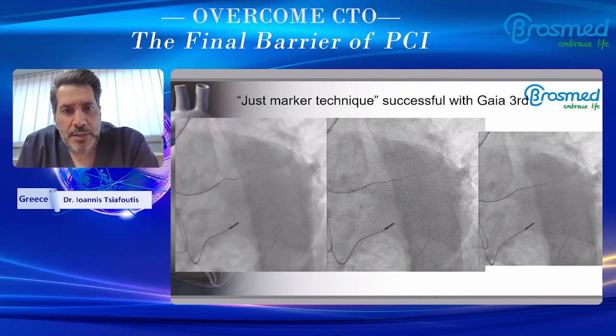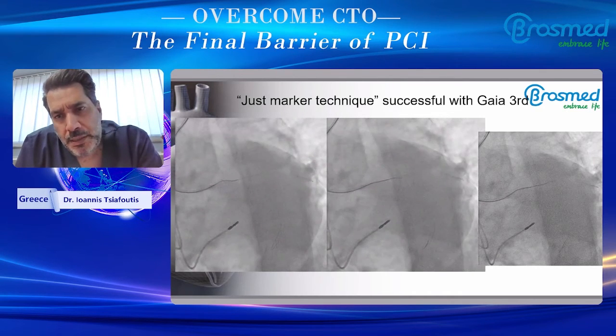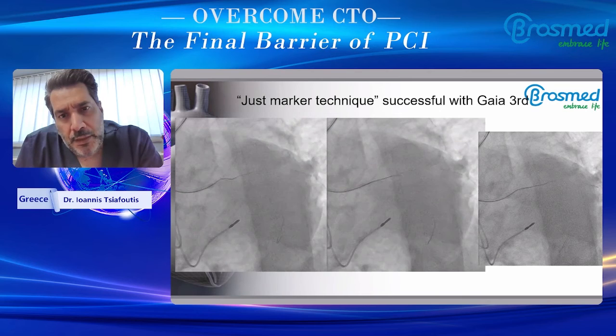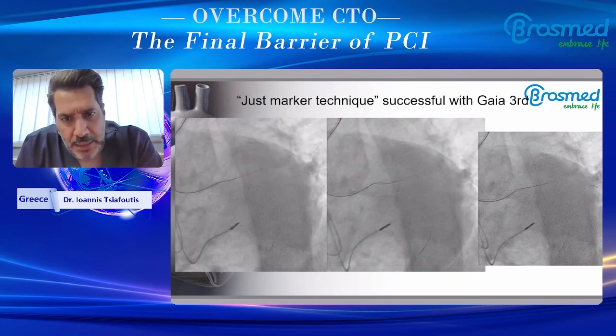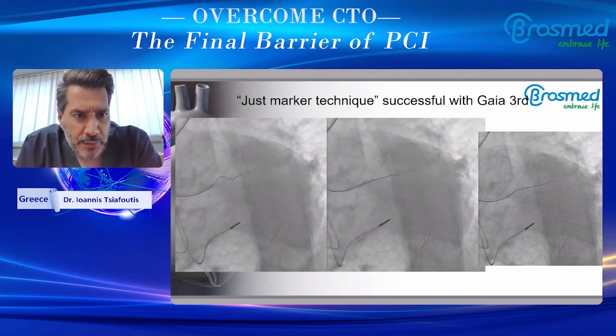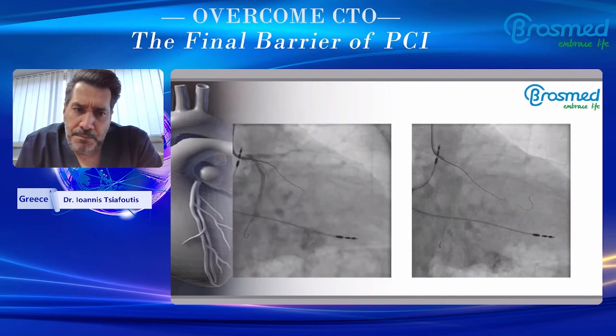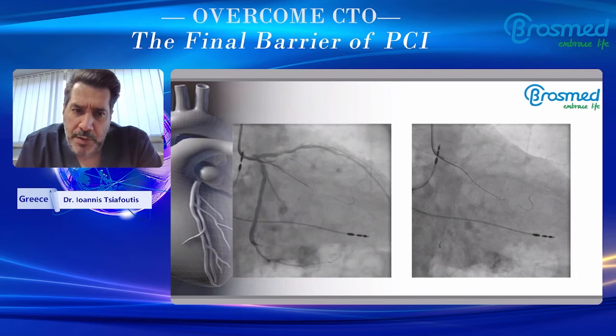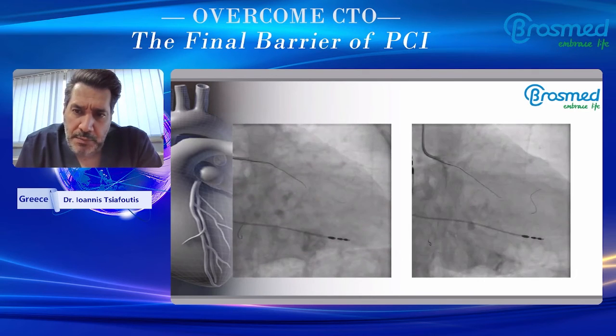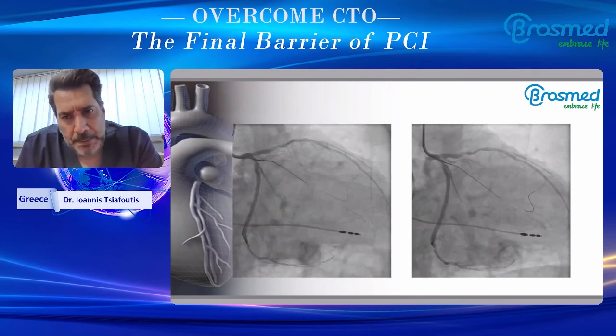In this case, we used Gaia Third, which went in a parallel way to distal, parallel with the retrograde wire. You can see where the wire is, distal in the occluded artery.